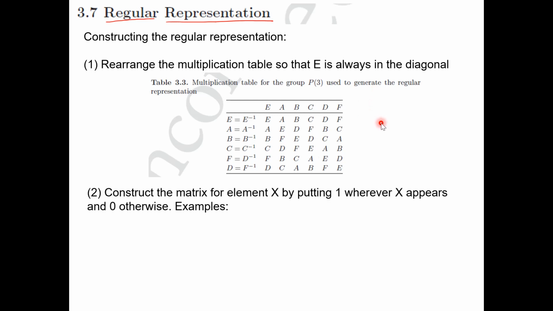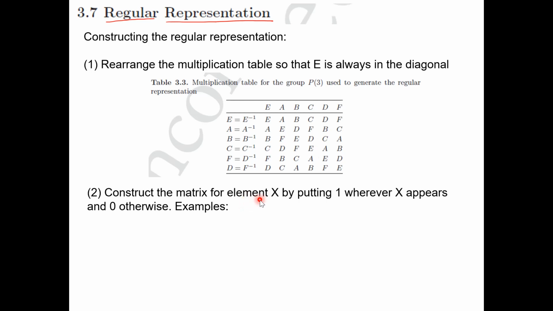Okay, after you do that, you use this multiplication table to construct a 6 by 6 matrix. You have 6 elements in the group, so you construct a 6 by 6 square matrix. So the dimensionality of the regular representation is going to be equal to the order of the group.